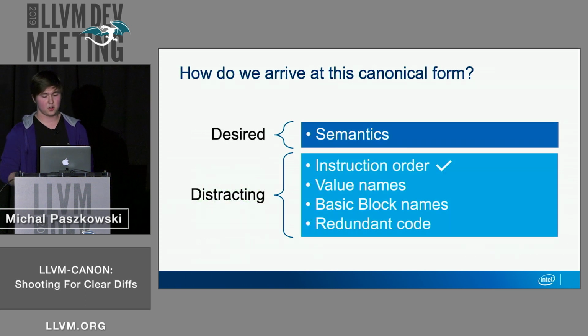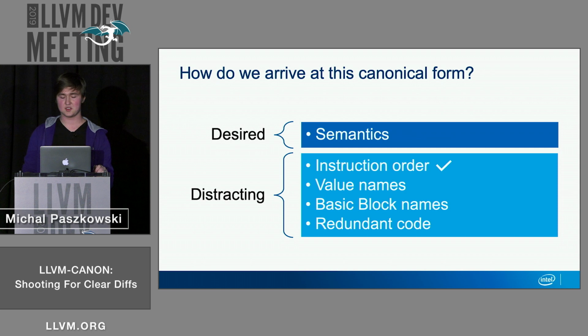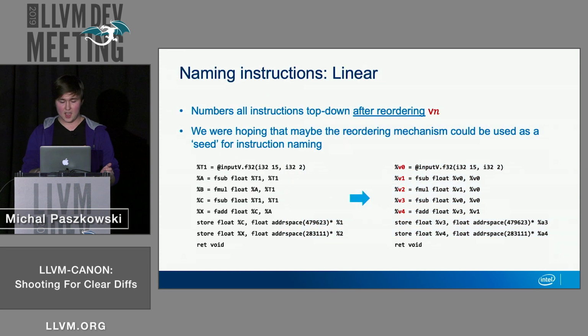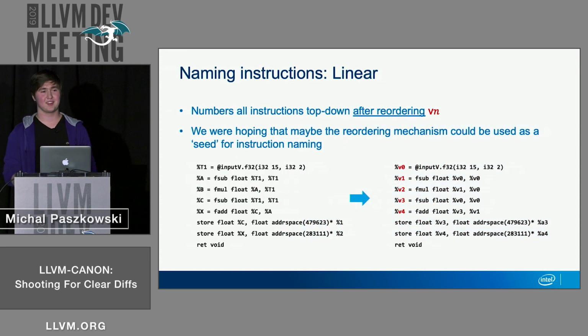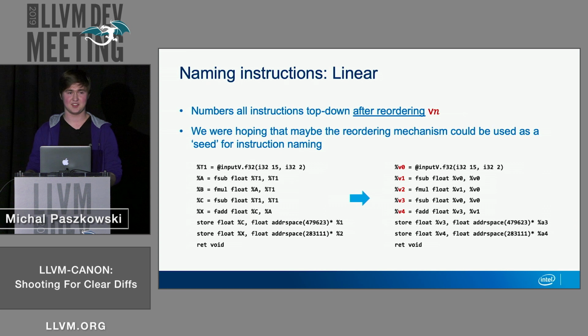So as we got the reordering algorithm working, we decided to focus on the second thing that impacts the diff, which is value naming. We started with a pretty basic, trivial approach. We just numbered all of the values top down.